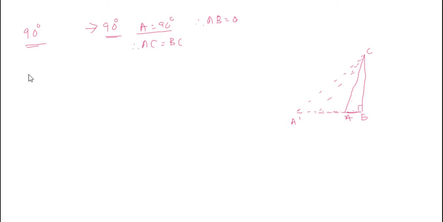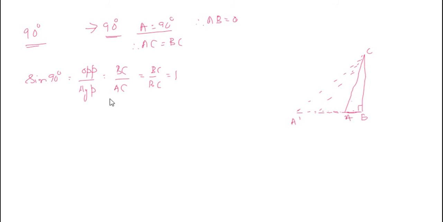Now let us find out the 6 ratios of 90 degree. So sine 90, sine is opposite side divided by hypotenuse. Opposite side for angle A is BC divided by hypotenuse, hypotenuse AC. But AC equal to BC, so I will write as BC by BC equal to 1.